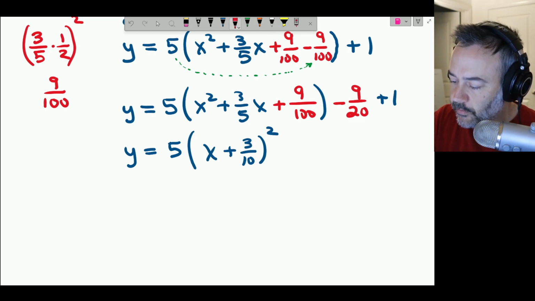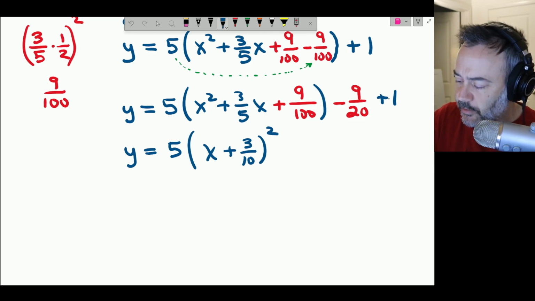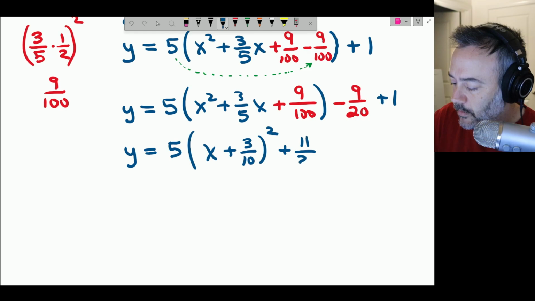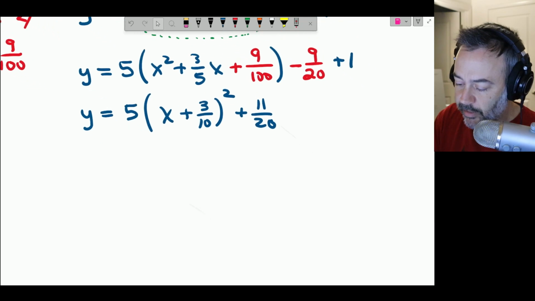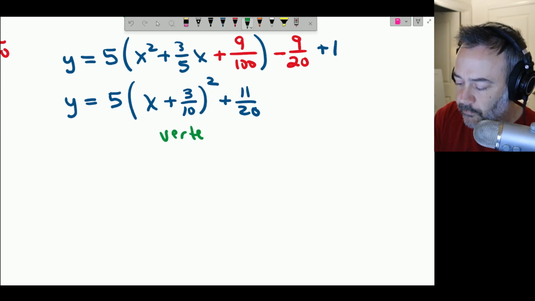All right, so now on this outside, minus 9/20 plus 20/20 is plus 11/20. So we'll add those two numbers together. And now we have done it. We have gotten this into vertex form. So the vertex of this is negative 3/10, comma 11/20.